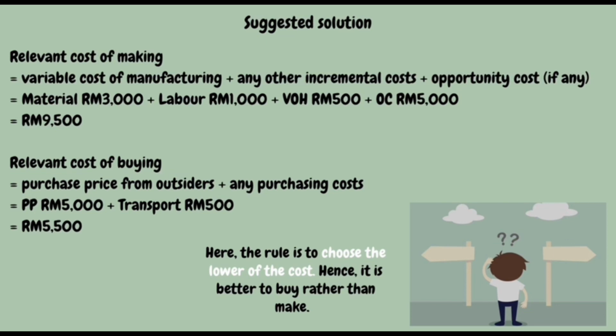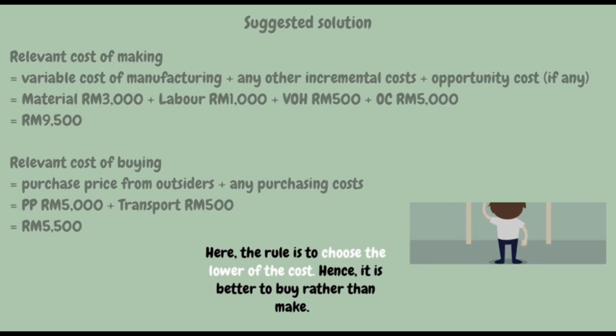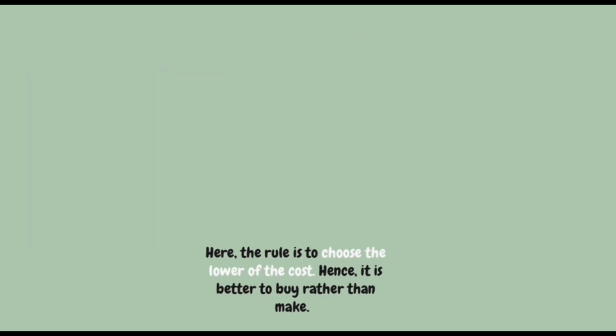It consists of purchase price from outsiders plus any purchasing cost. Purchase price is 5,000 ringgit plus transport price 500 ringgit, and the total cost of buying is 5,500 ringgit. Here the rule is to choose the lower of the cost, hence it is better to buy rather than make.